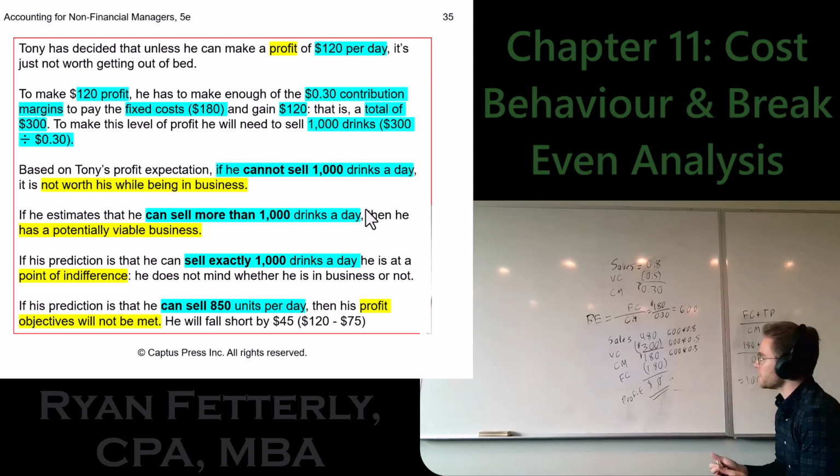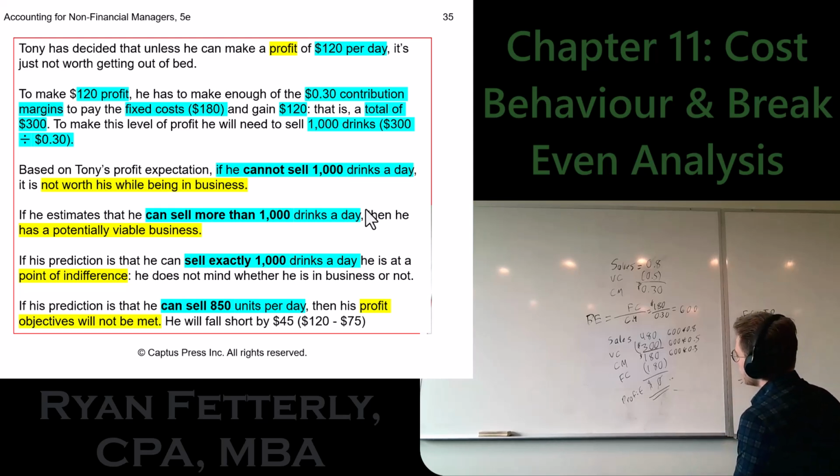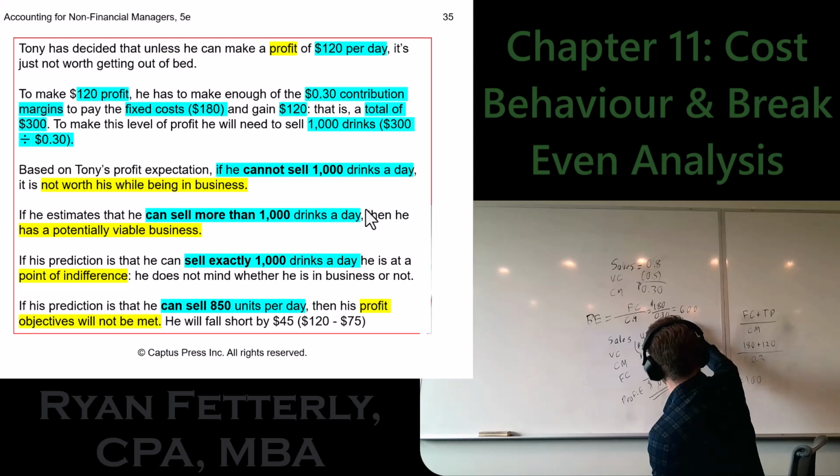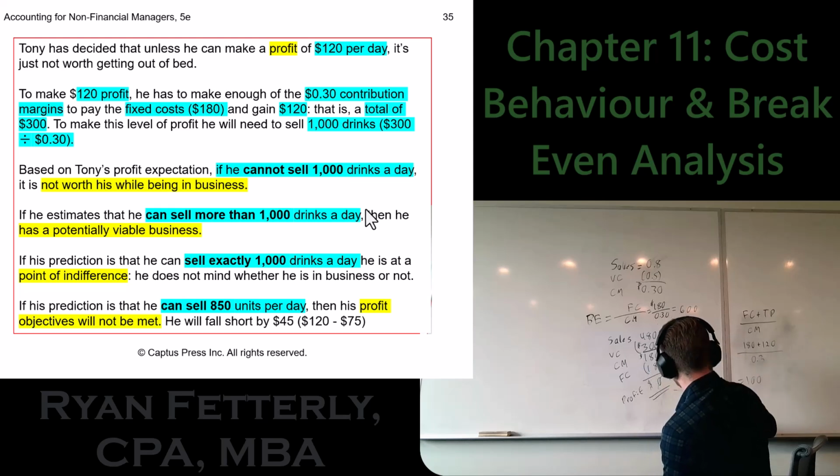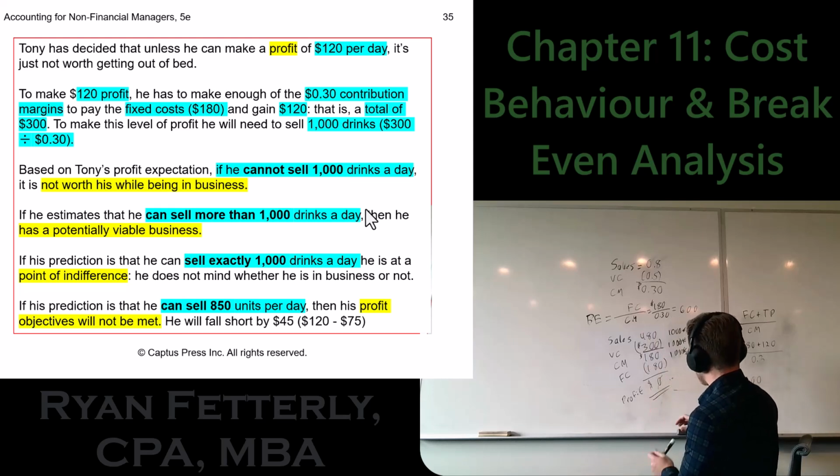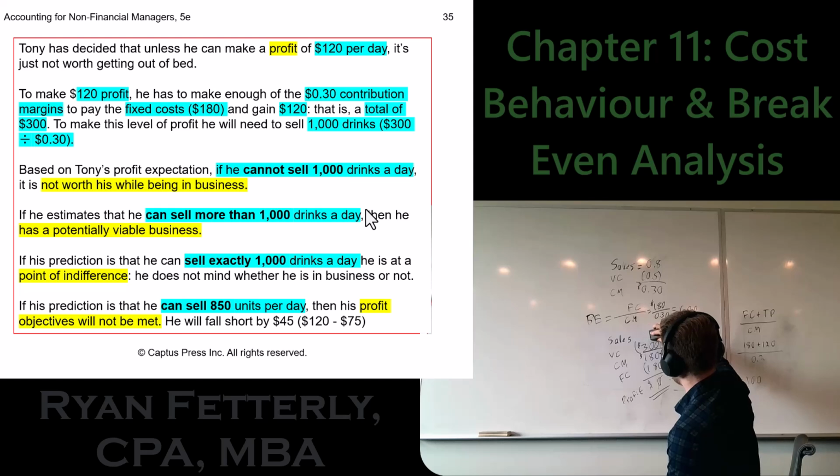So let's prove it. Over here, we're going to change all of these to 1,000. So our sales just became 1,000 at 80 cents. Now we have $800 in sales.